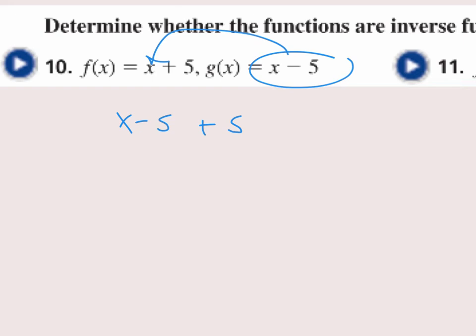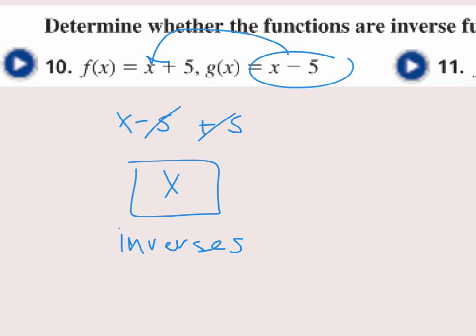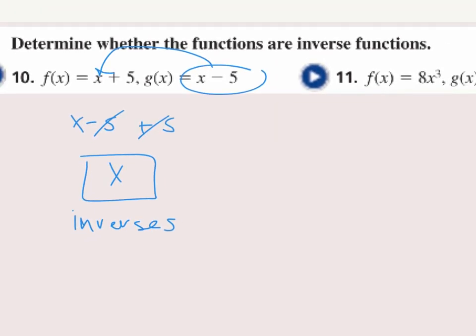When we simplify, what does this equal? X. The minus 5 and plus 5 cancel, so we're just left with x. So are they inverses? Yep. Any questions on that one?